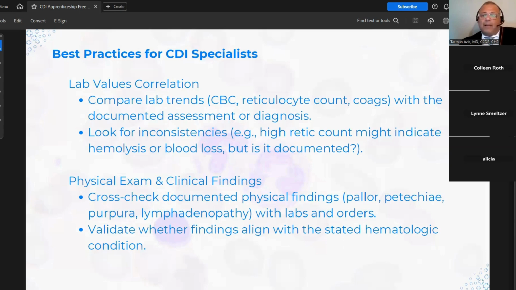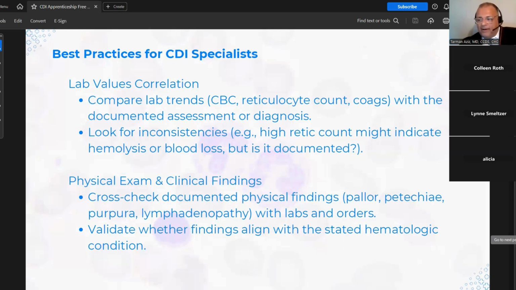The physical exam and clinical findings are also important to consider. So if the patient has pallor or petechiae, purpura, lymphadenopathy, as mentioned, we want to know where are the orders that explain the workup for this, and where are the diagnoses that match these signs and symptoms.